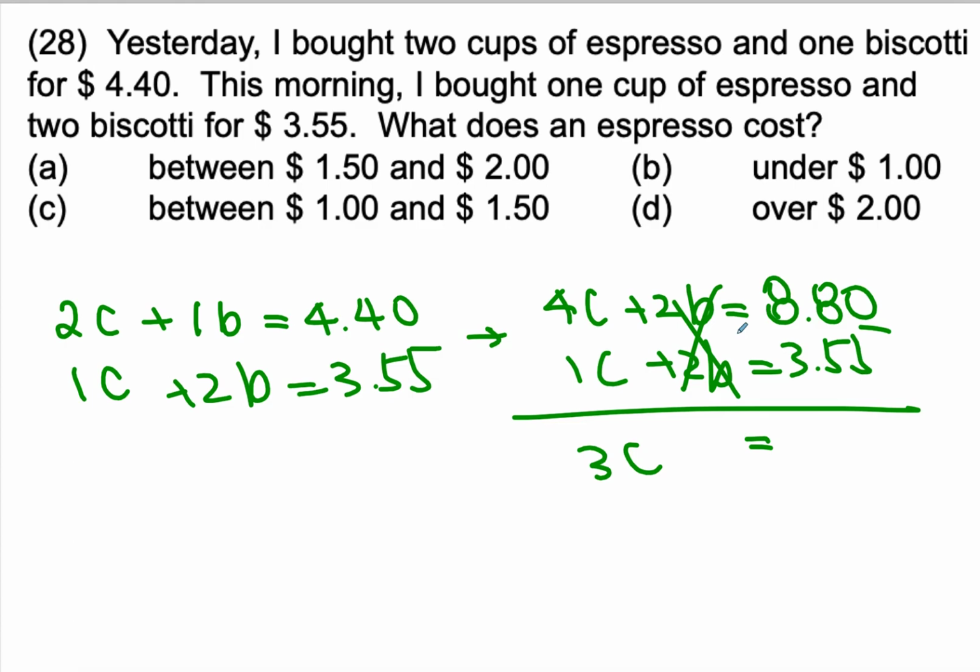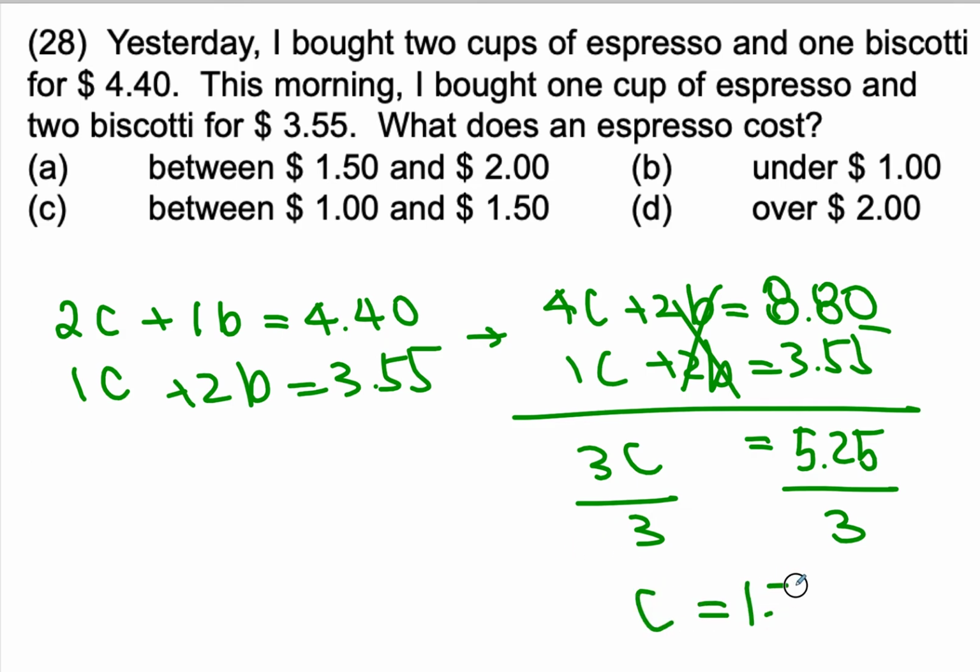Then what do we have? 880 minus 355. We get $5.25. So we have to divide each side by 3. Then we get C is equal to $1.75. So if it's $1.75, then it's between $1.50 and $2, which is choice A becomes the answer.